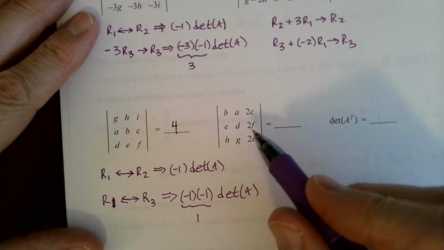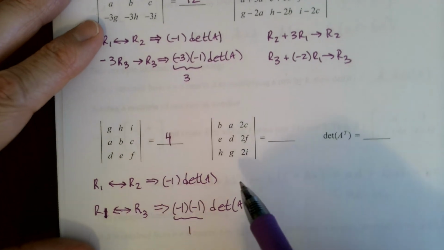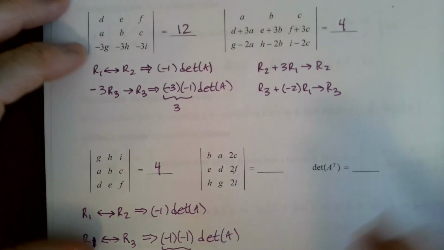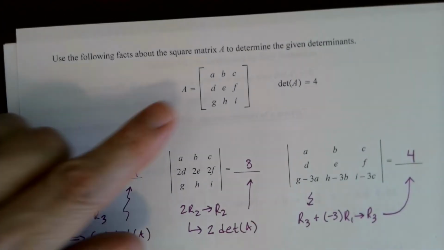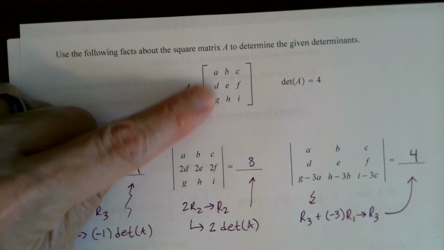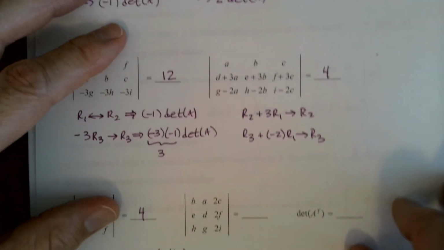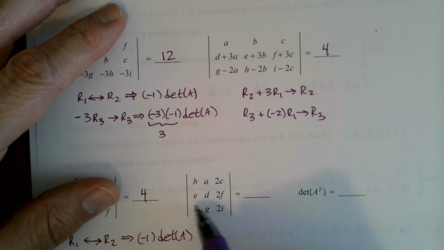All right, take a look at this one. Instead of row operations, notice we've done some column operations. So the original matrix had first column ADG, BEH, CFI, and notice BEH and ADG were swapped.